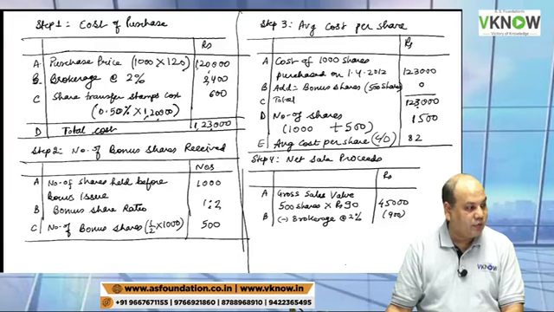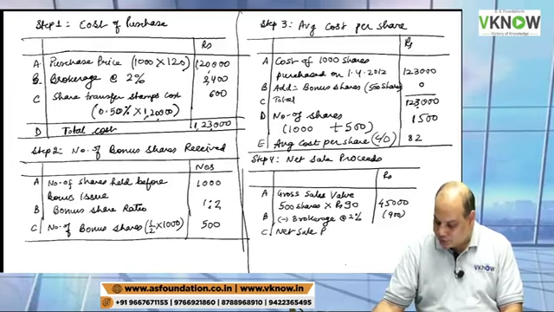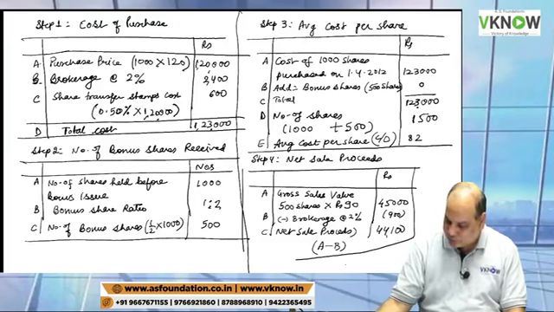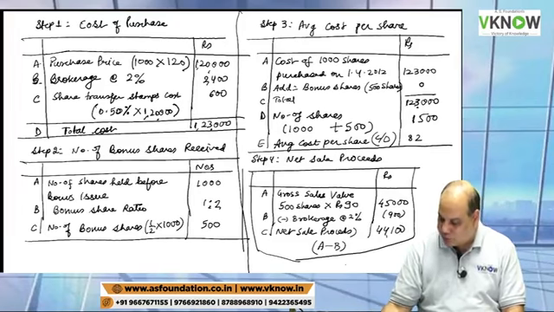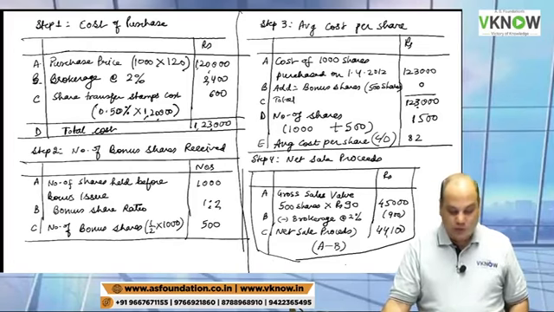So net sale proceeds, A minus B, 44,100 is right.